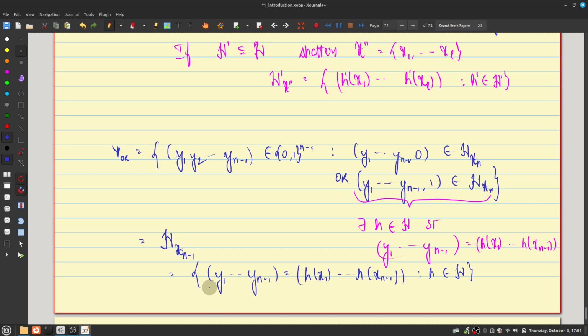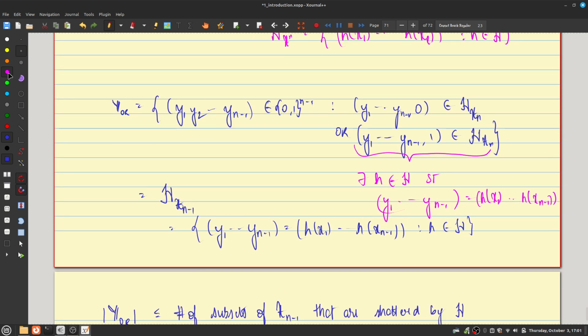Let's assume I take some specific configuration 0 0 1 0 0. There is some h such that h of x1 is 0, h of x2 is 0, h of x3 is 1, and so on. For this particular h, let's look at h of x1 and append it with h of xn.